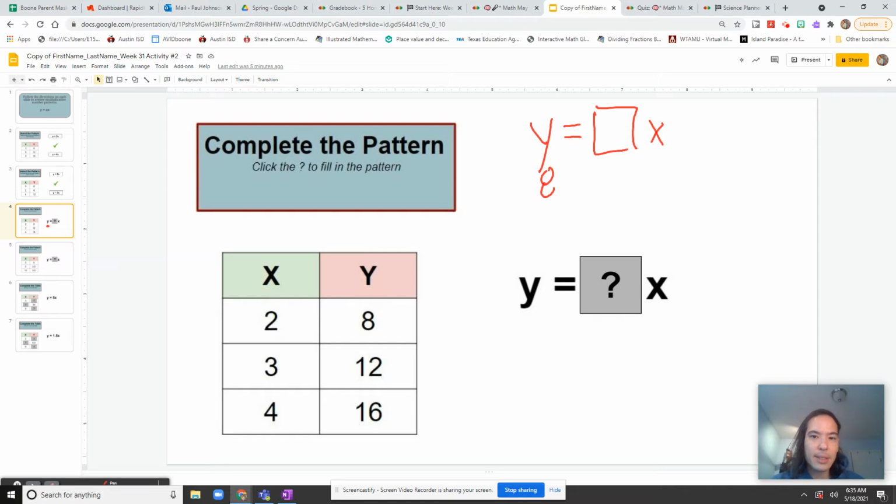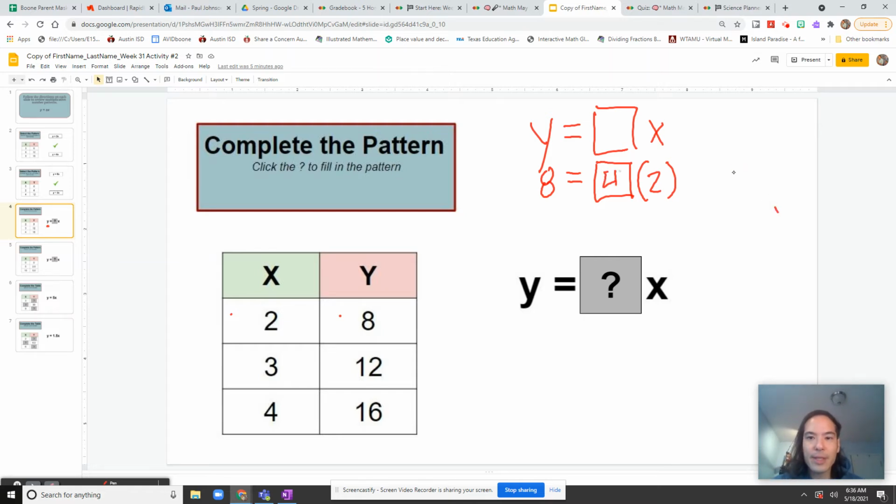Y is 8, right, times something times 2. Okay, so what we're looking at is I've replaced y over here with 8. I've replaced x with 2 because we have a 2 over here and an 8 over here. So now I just need to fill in something in the box. What times 2 equals 8?